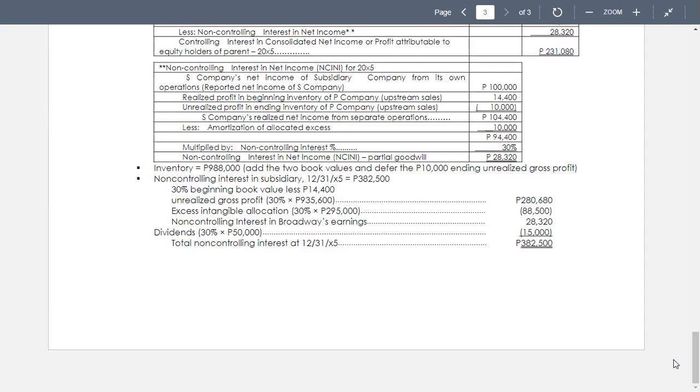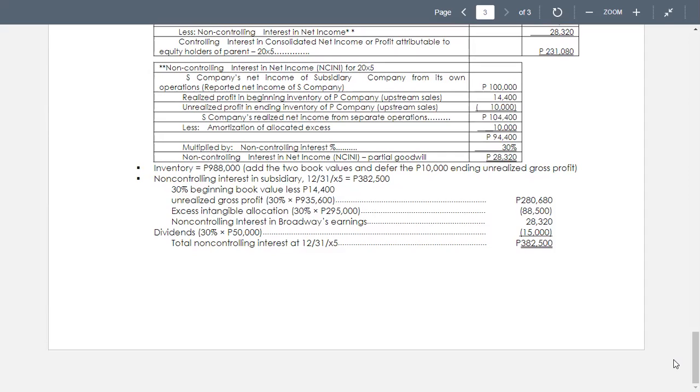The non-controlling interest in the consolidated net income. The consolidated net income is 249,000.